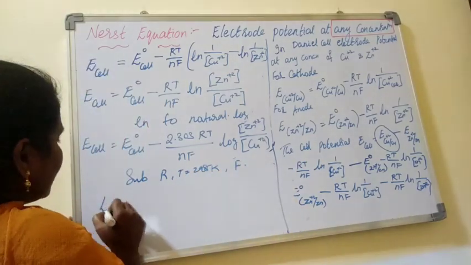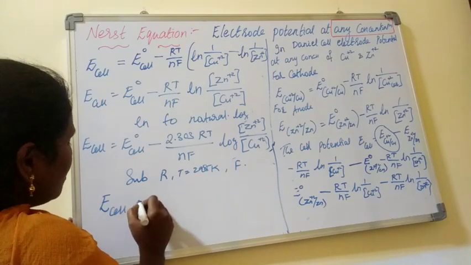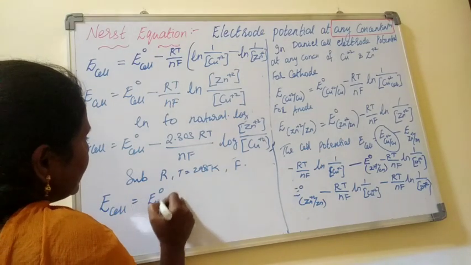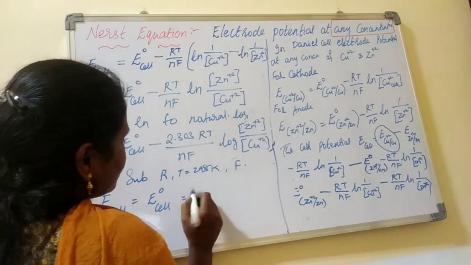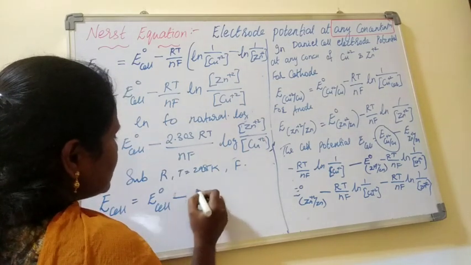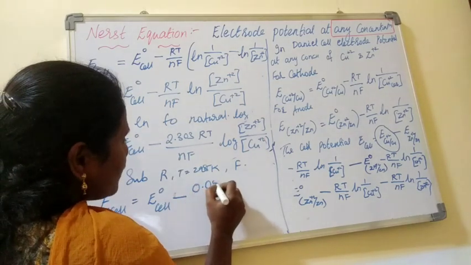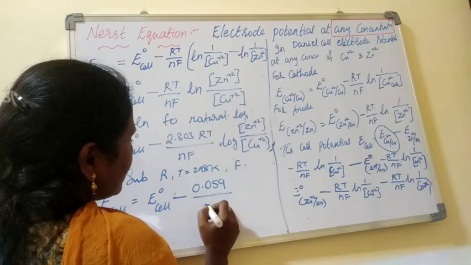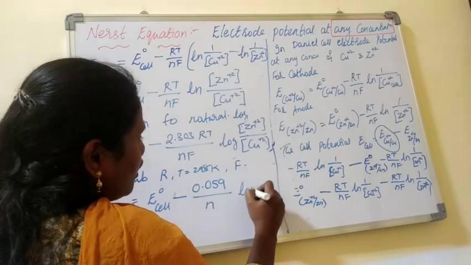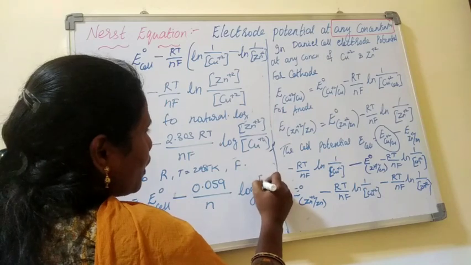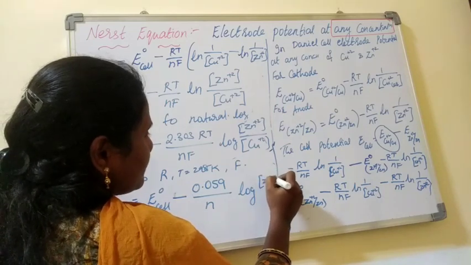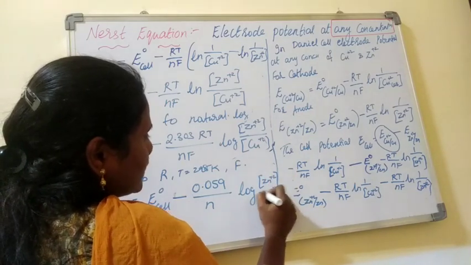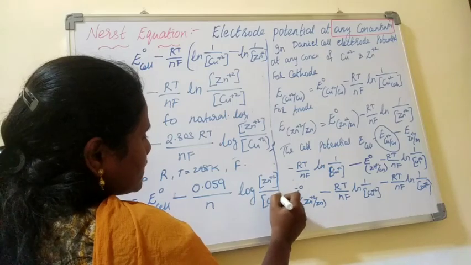All this you will get: E cell of the reaction is equal to E naught cell minus 0.059 by N log products by reactants, may I say? Products by reactants, right?